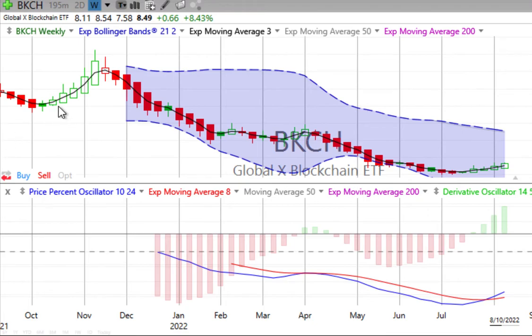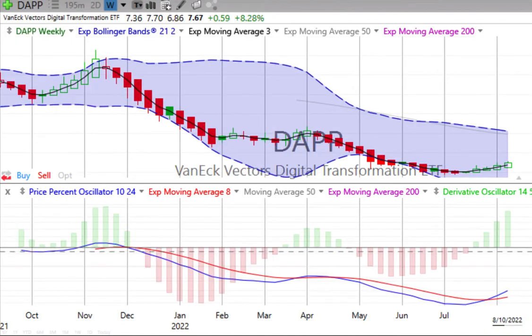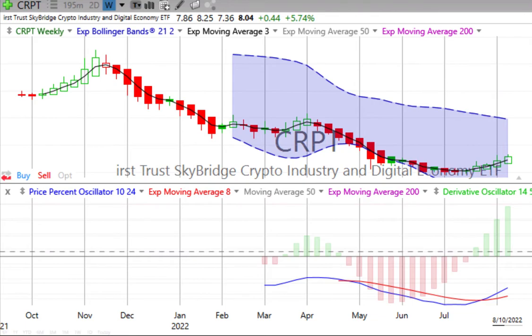Now, not huge surging price like we saw back in October, November of 2021, but going up. We look at something like the VanEck Vectors Digital Transformation Fund. It, of course, crossed over last week and is going up. We look at things like the Skybridge Crypto Industry and Digital Economy ETF. It, too, is going up.